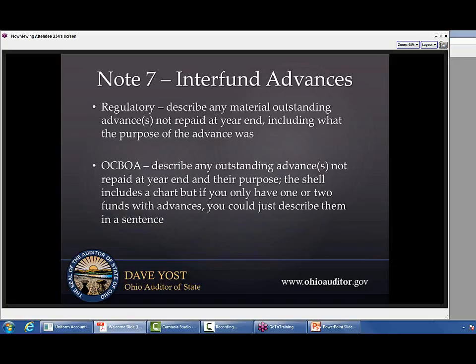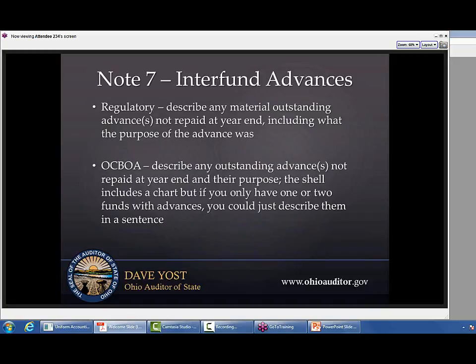Note 7 for interfund advances. If you have any advances that are not repaid at the end of the year, for both regulatory and OCBOA, you need to include what the purpose was for the advance and how much is still outstanding. So let's take our same example.